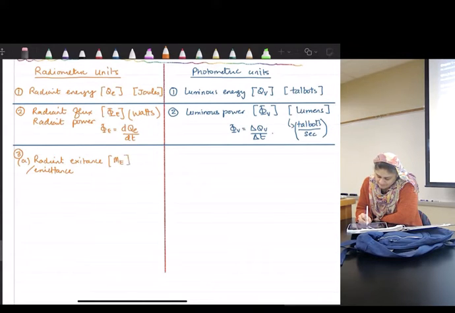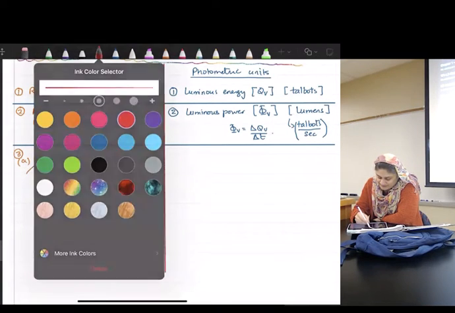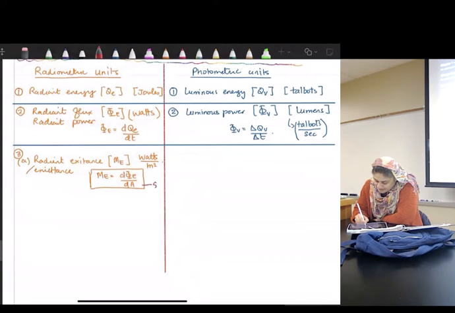Watts per meter squared. Watts per meter squared. And the formula? d phi E over dA, where this dA is the area of the source.